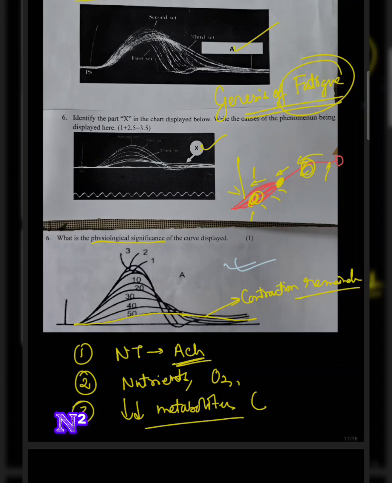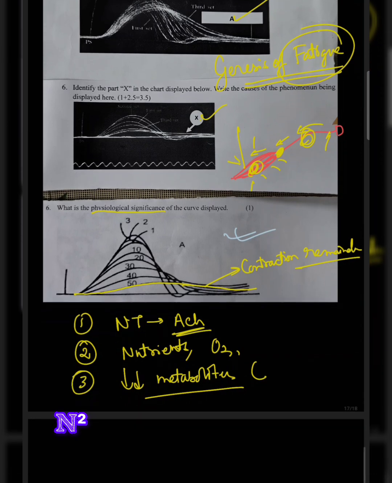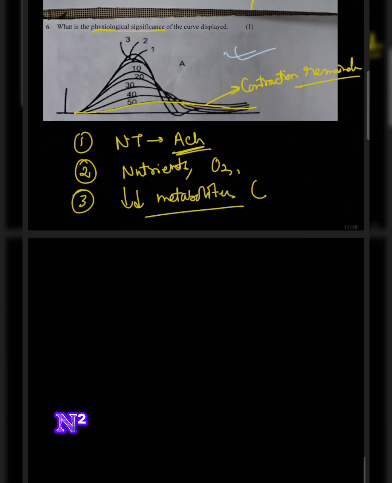Now immediately when the muscle has achieved fatigue, if you directly stimulate the muscle, you again get a simple muscle twitch.